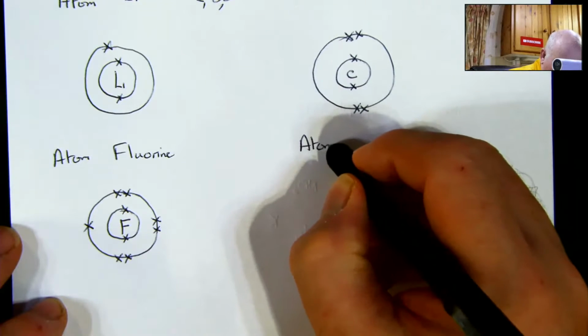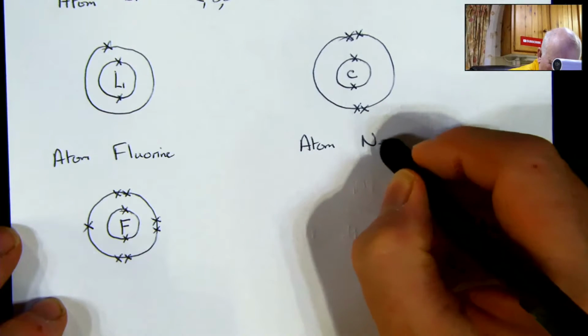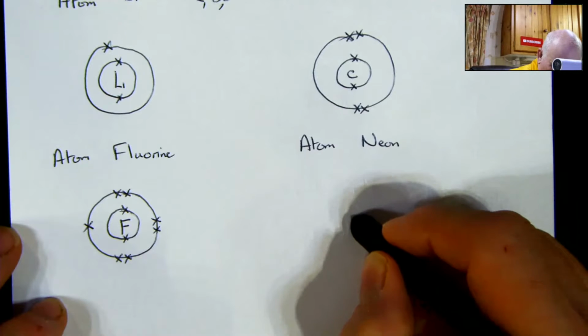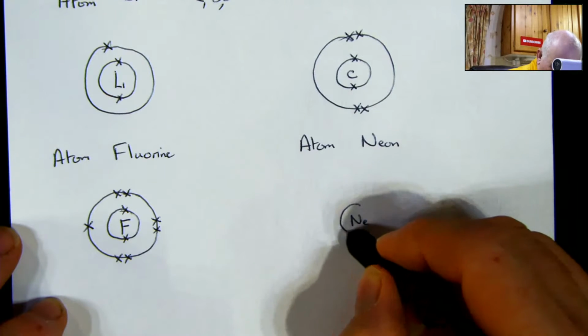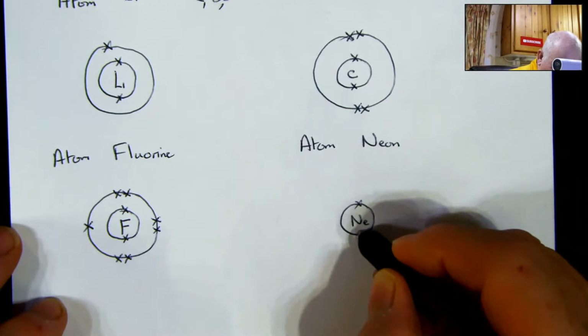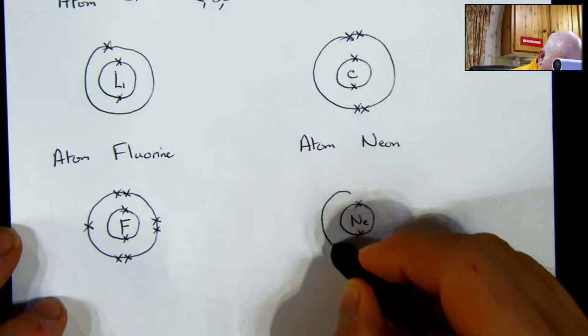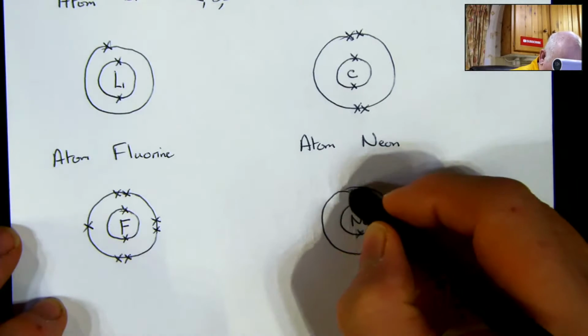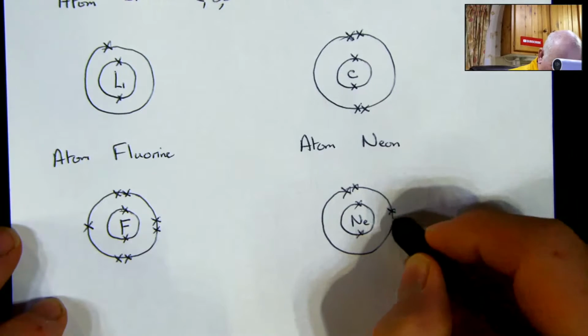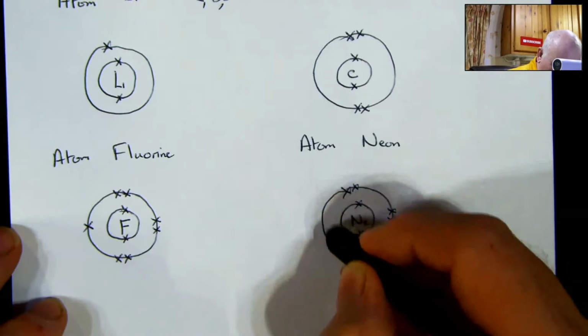We looked at an atom of neon. We have electrons in the outside shell. We have a full layer there, and we have another full shell.